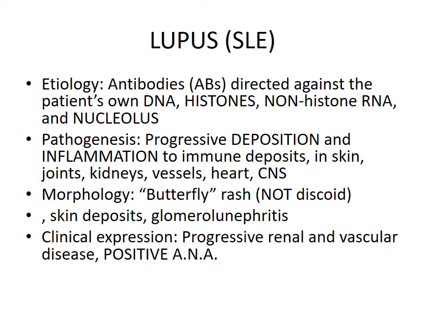Most common presentation is renal; a young female presenting with renal failure, the most likely diagnosis is SLE. Clinically, the patient presents with progressive renal and vascular disease, and in serum there is positive anti-nuclear antigens, ANA positive.